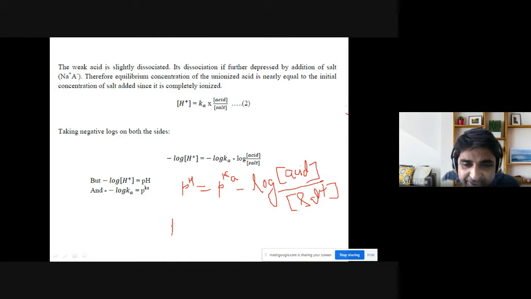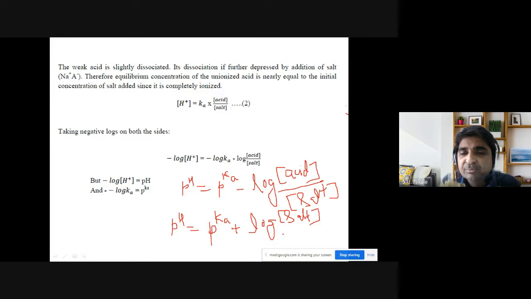So if I want to convert that, I need to reverse this sign, and I can write here concentration of salt upon concentration of acid.